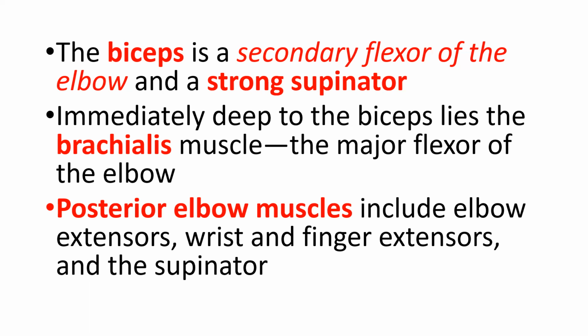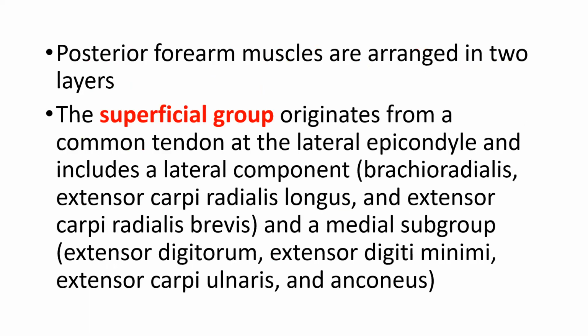Now, the posterior elbow muscles include the elbow extensors, the wrist and finger extensors, and supinator. Posterior forearm muscles are arranged in two layers.